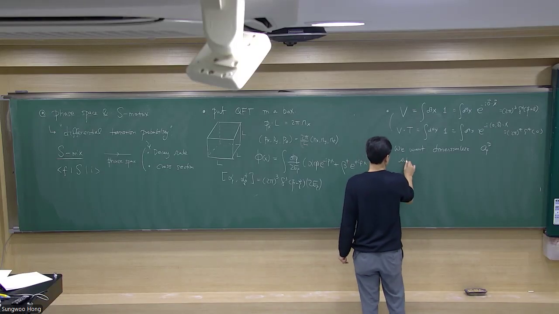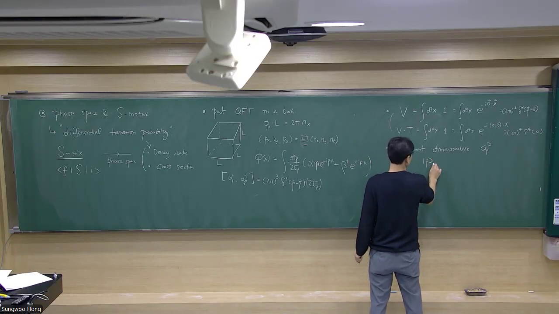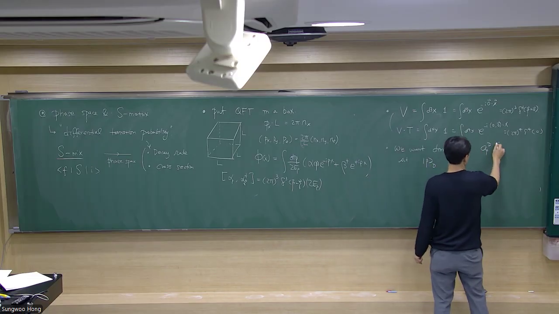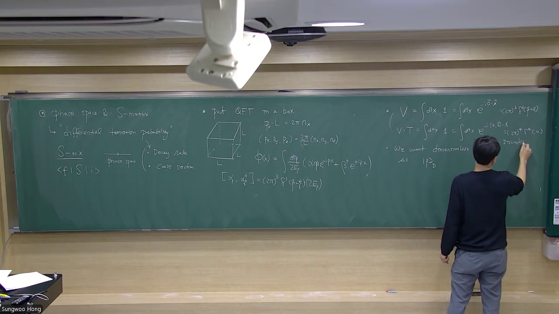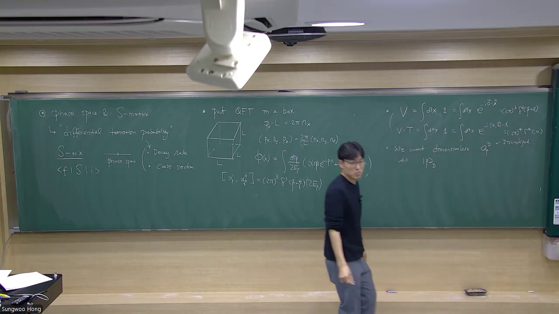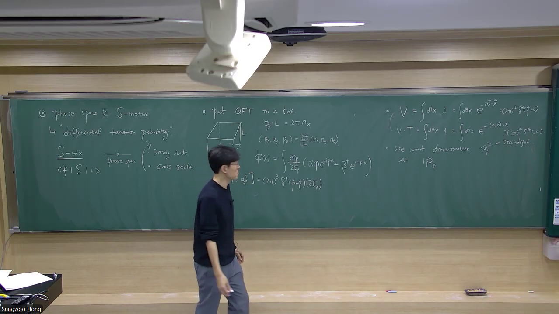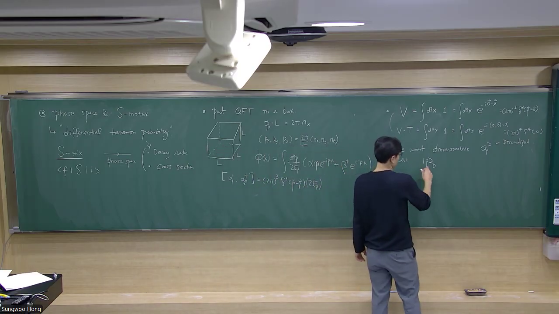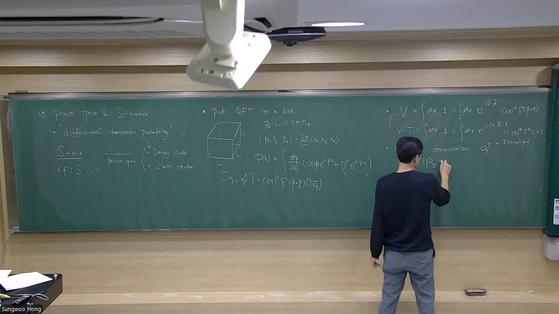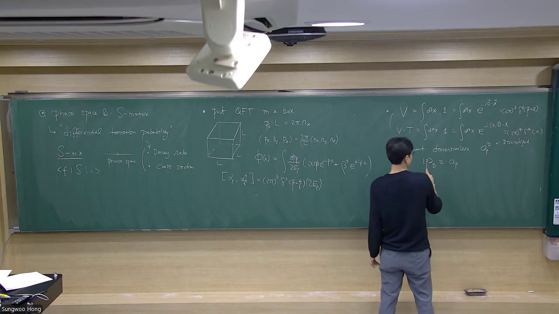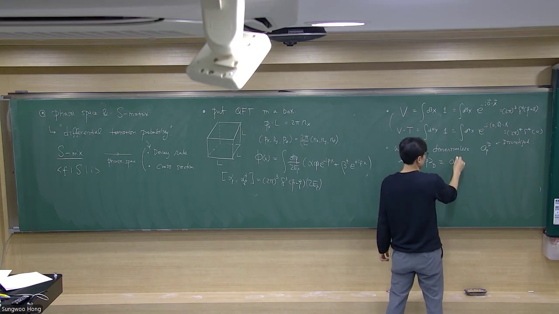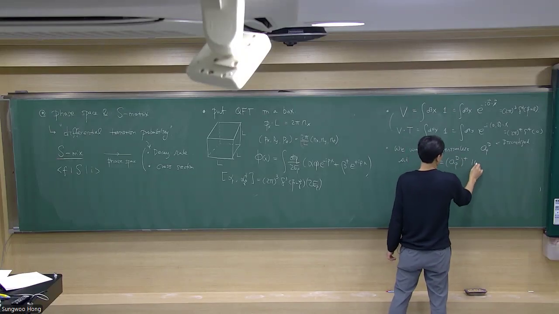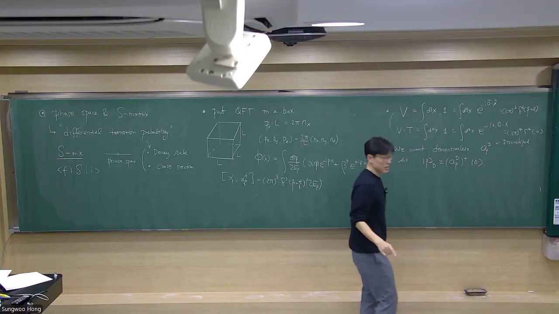Such that if I have a physical state in a discretized, so this D is discretized, or discrete, meaning I put things in the box, that's what I mean. So therefore, the reason why I want this, as you will see, if I define my quantum state, momentum p in the discretized version, is the action of this discretized operator acting on the vacuum. I want this to be dimensionless.